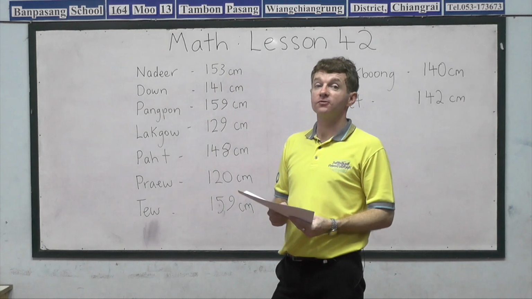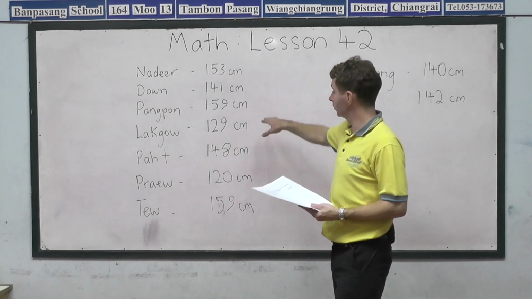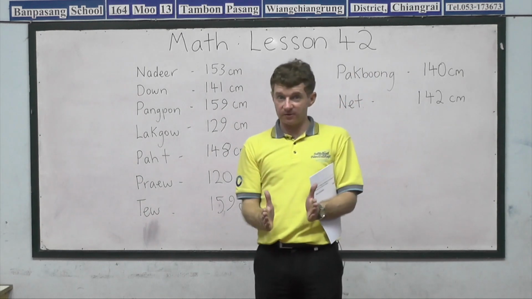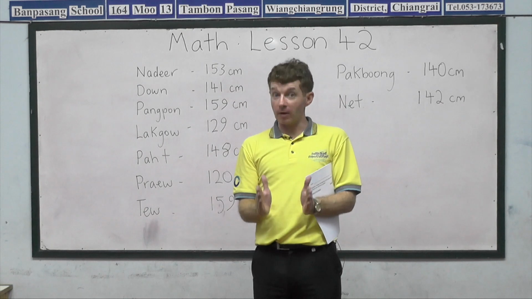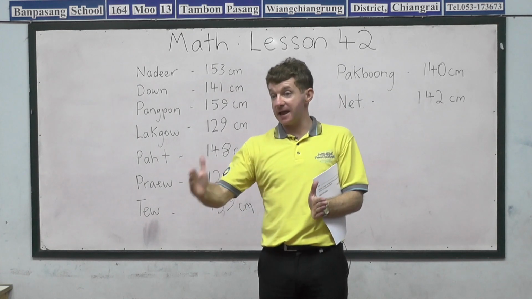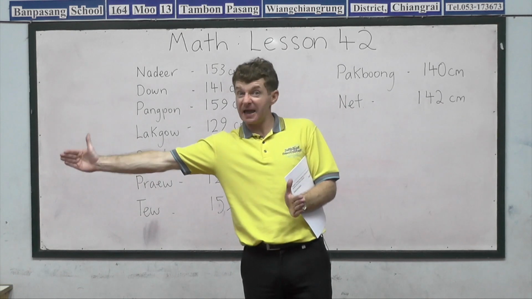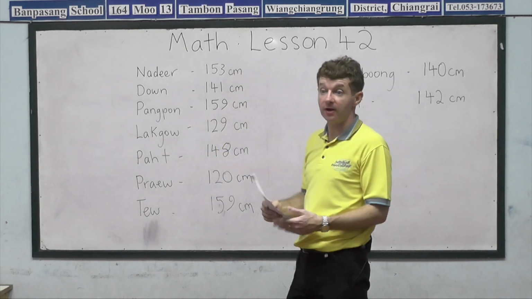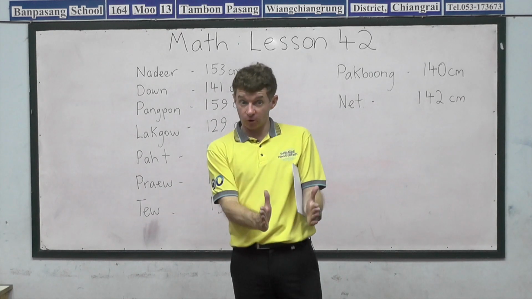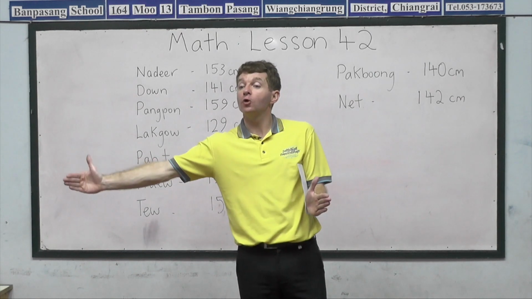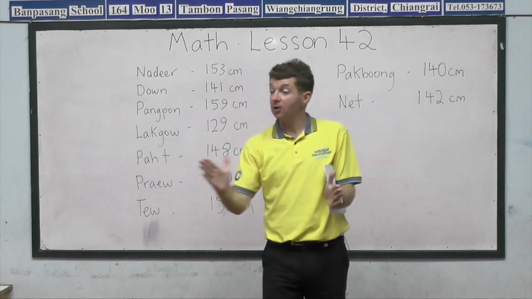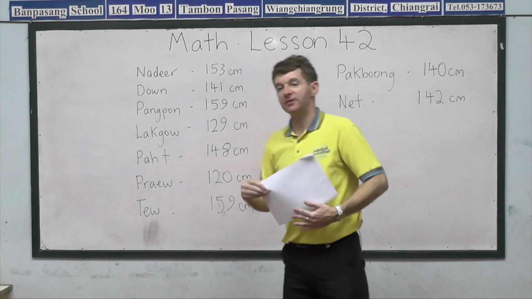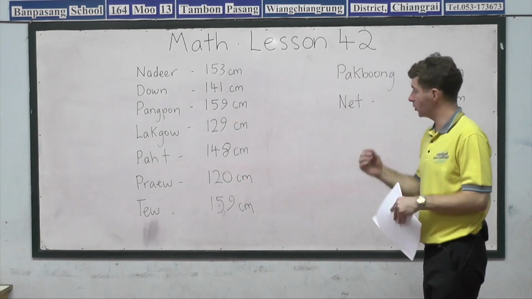So what students need to do is they need to look at the measurements on the board, decide which is the shortest, write that one first, and then the next longest until they get to the longest jump. So they need to put them in order. Understand, guys? Shortest to longest. Okay? Shortest to longest. So let's see. Which is the shortest jump on the board?